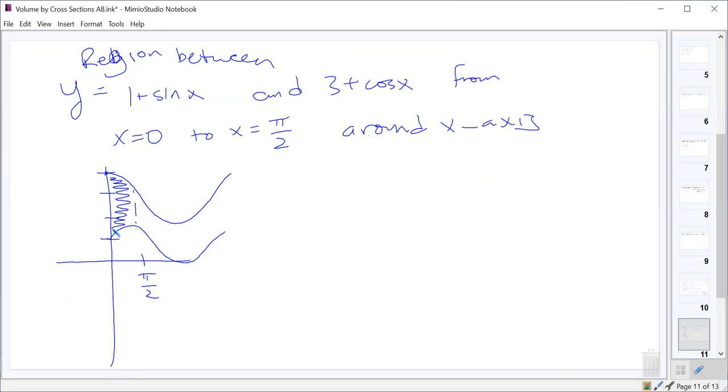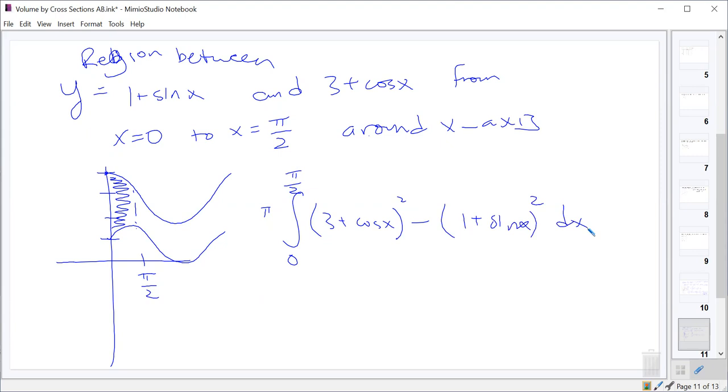So this should be an integral of pi times your outer radius, which is 3 plus cosine x squared, minus our inner radius, which is 1 plus sine x squared. Everybody good with that? Okay.